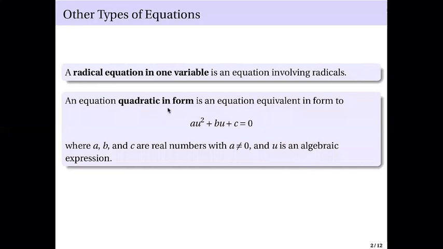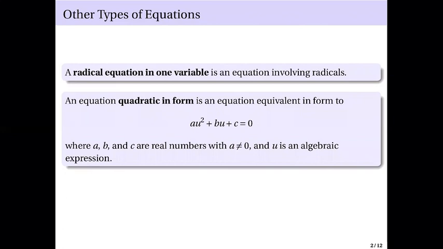Now, let me introduce the following definition. An equation quadratic in form is an equation equivalent to the form au squared plus bu plus c equals 0, where a, b, and c are real numbers with a not equal to 0, and u is an algebraic expression.